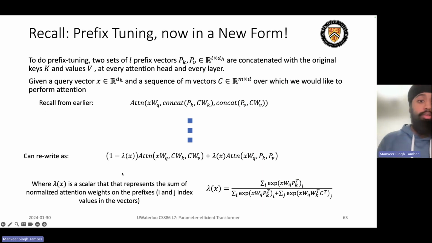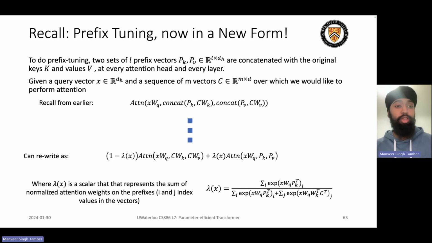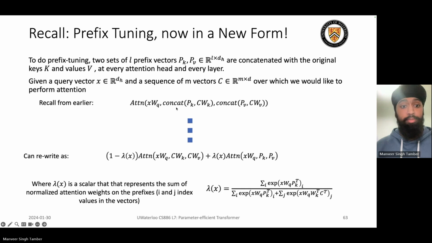Now let's try to derive a similar functional form for prefix tuning. To do prefix tuning, again, we talked about this, but to recall, two sets of prefix vectors are concatenated with the original keys and values at every attention head in every layer, and then given a query vector x and a sequence of m vectors C over which we would like to perform attention, prefix tuning takes them in this form, right?